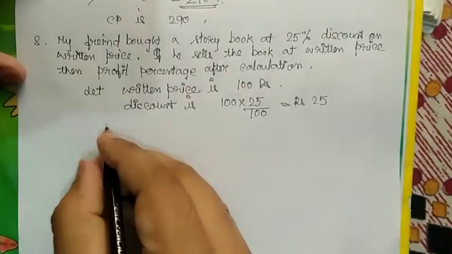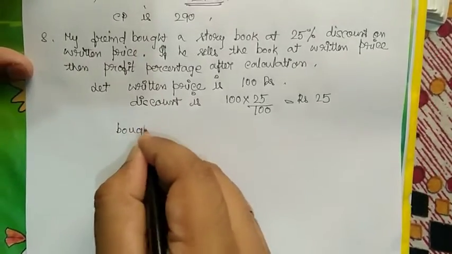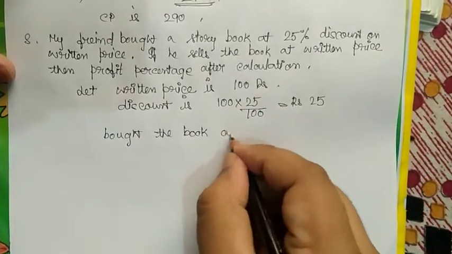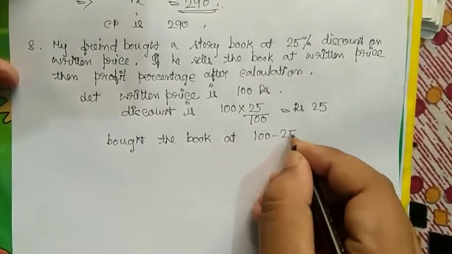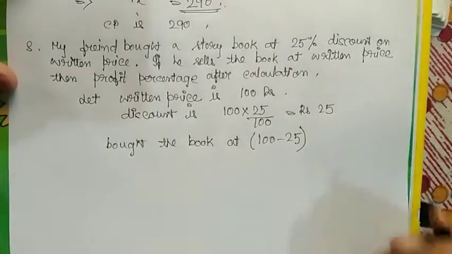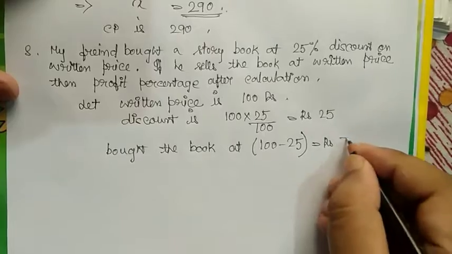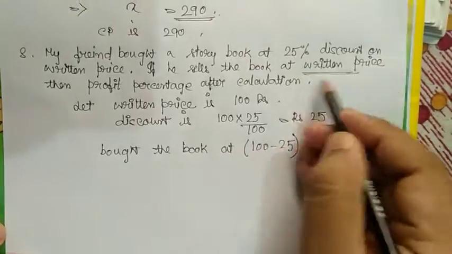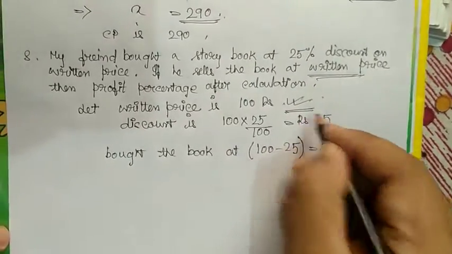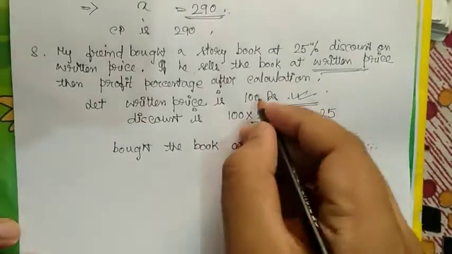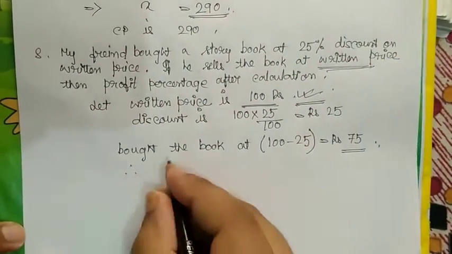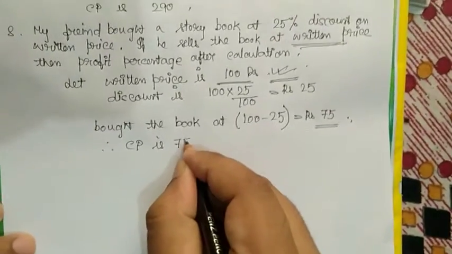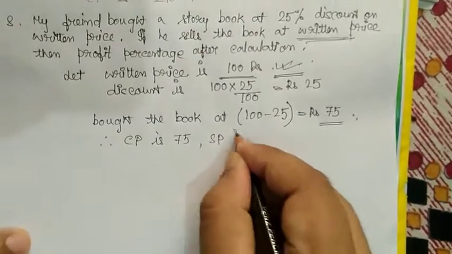So my friend bought the book at 100 minus 25 rupees discount. So after discounting the price should be rupees 75. Now he sells the book at written price. Written price is rupees 100. He bought it at 75 and sells it at 100. So CP is 75 and SP is 100.